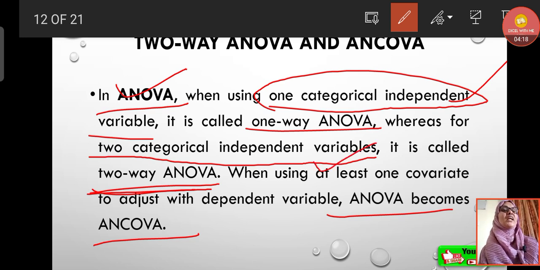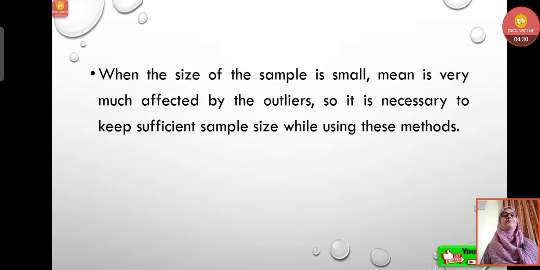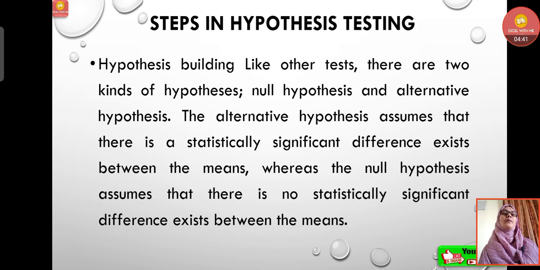Now, when using at least one covariate to adjust with the dependent variable, ANOVA becomes ANCOVA. Very important points related to these three we have to remember. When the size of the sample is small, the mean is very much affected by outliers, so it is necessary to keep a sufficient sample size while using these methods.